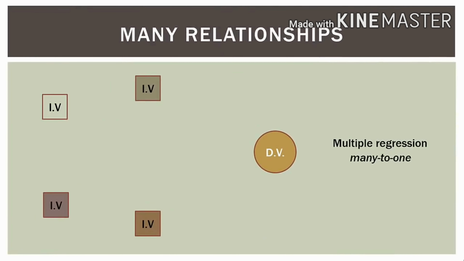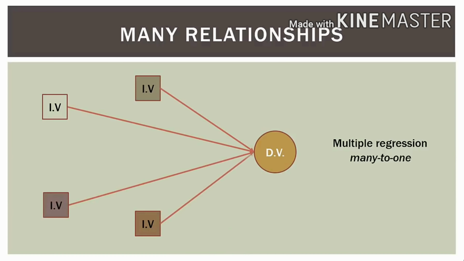Now let's look at this situation. So here we have one dependent variable and four independent variables. So we know we have the full relationships with each independent variable and the dependent variable. So right there, we already have four variable relationships. But we're not done.